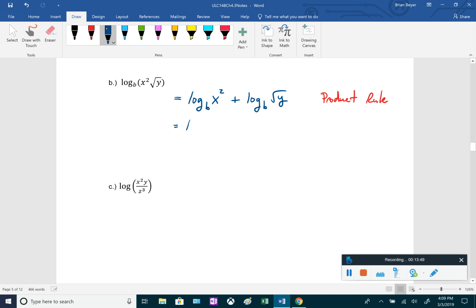And what I'm going to do next is rewrite the square root of y as y to the 1/2. And then we're going to use the power rule. So we're going to bring down those exponents. So it's going to be 2 log base b of x plus 1/2 log base b of y.